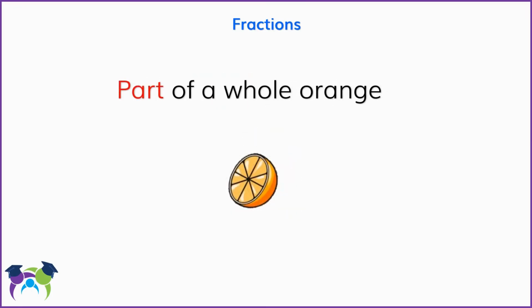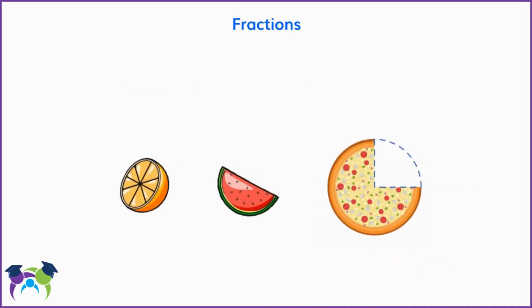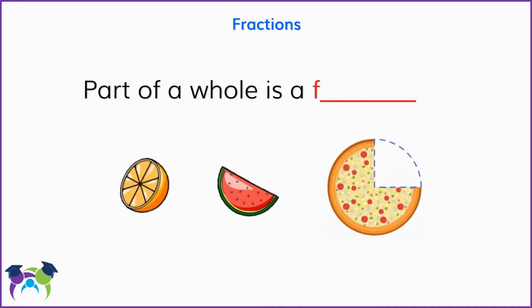Here we have part of a whole orange. A part of it is missing. This part is called a... Can you work out what fits in the space? Beginning with an F. What is the missing word? It's a fraction. Part of a whole is a... What's the missing word? Fraction.